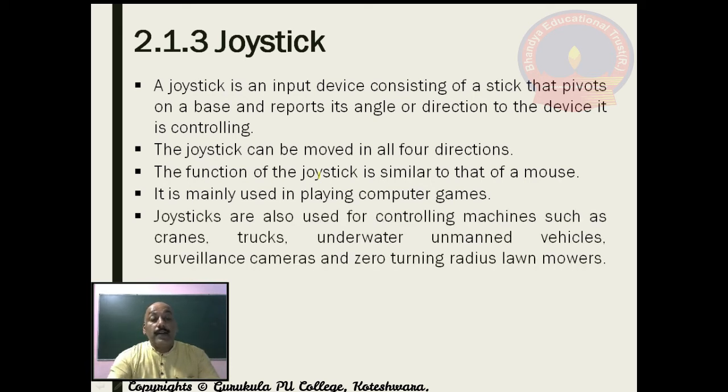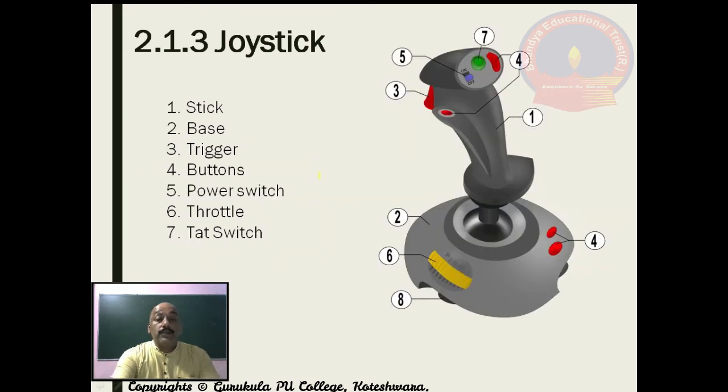Joysticks are also used for controlling machines such as cranes, trucks, underwater unmanned vehicles where people will not be present, surveillance cameras, zero turning radius lawn mowers. Today even drone cameras use a joystick. Anyway, this is the basic idea.